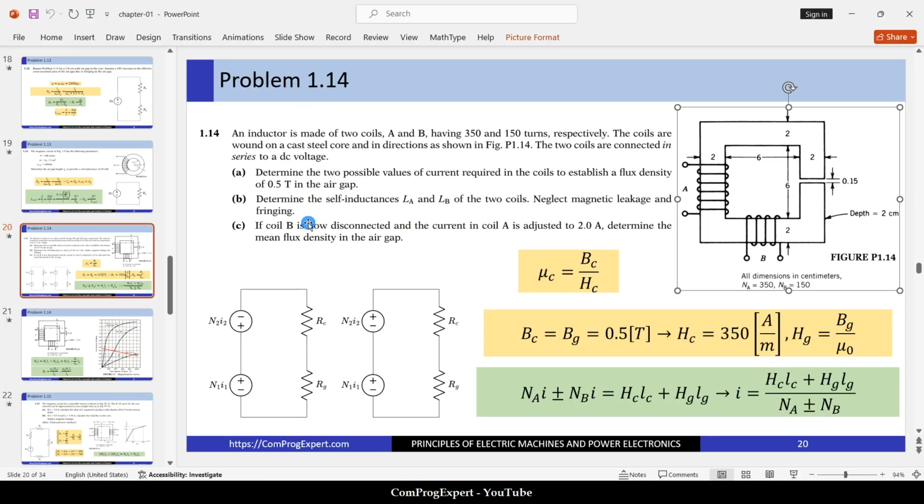So in this question, we should ask: should we calculate LA and LB for this level of the flux density in the core or not? What is the value of the level of the excitation? Okay, so if we consider this level of the flux density in the core, we can calculate the permeability of the core using this equation, B core divided by H core.